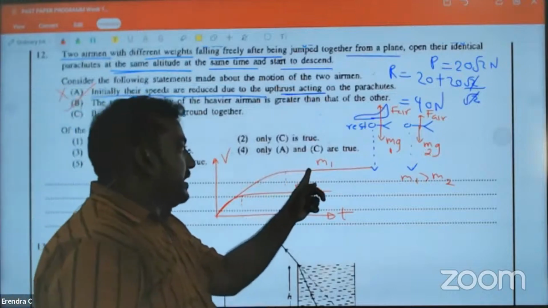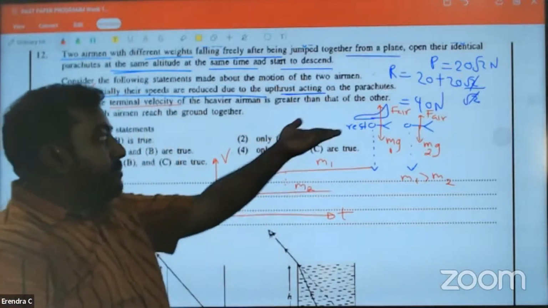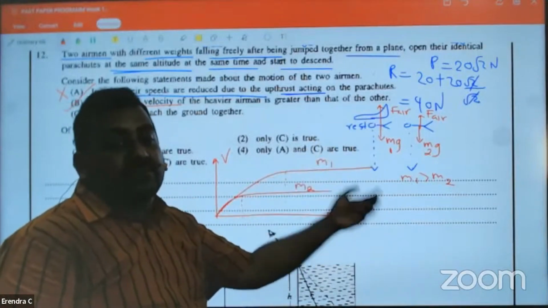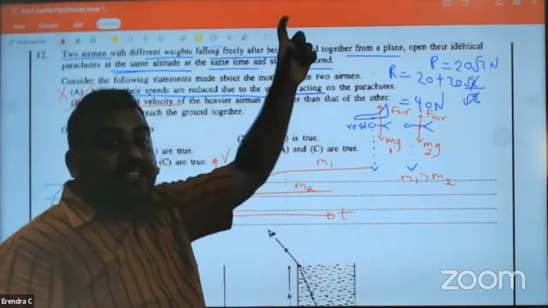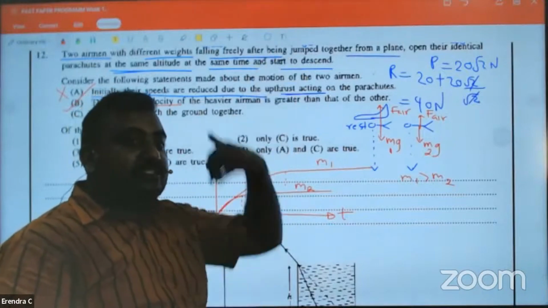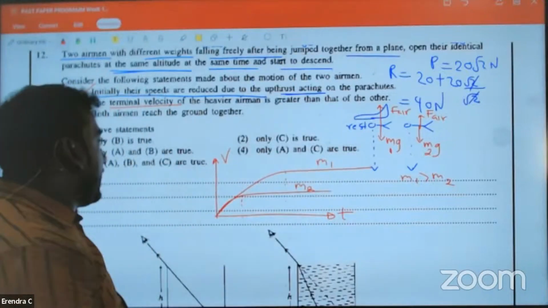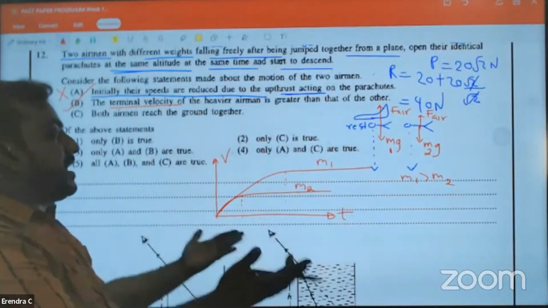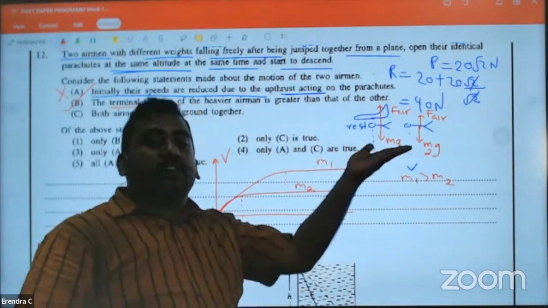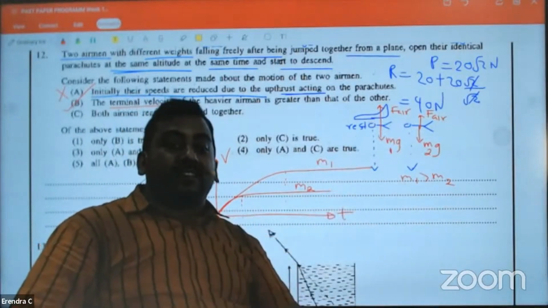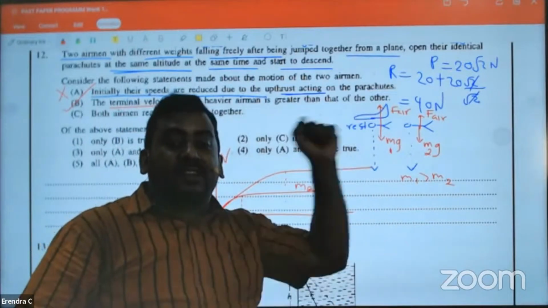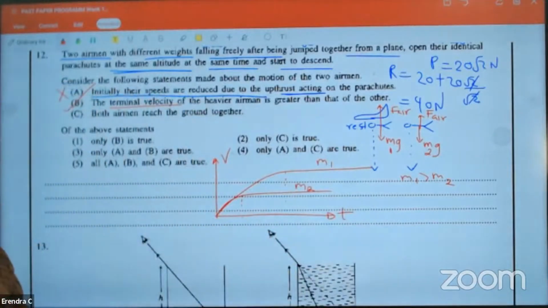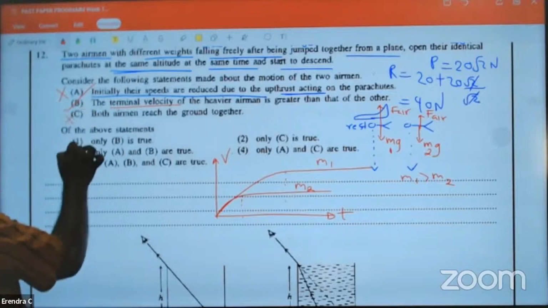Terminal velocity is higher for the heavier man because he's falling some more, a larger distance, so the mgh is large, meaning greater velocity. Both airmen reach the ground together? Can't be. Why? This fellow is falling with a higher velocity, and higher velocity reaches the ground first. Then statement C is wrong.